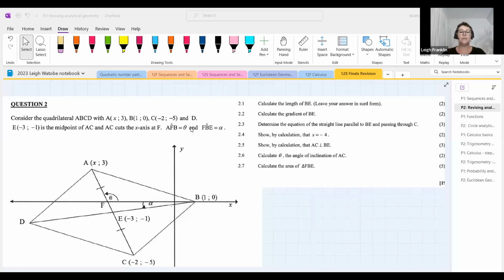Tsegofatso, I got a different C value to you for question 2.3. Sorry, the y-intercept of your line, I got something different. I didn't get -1/4. So just go and check your calculating there again.